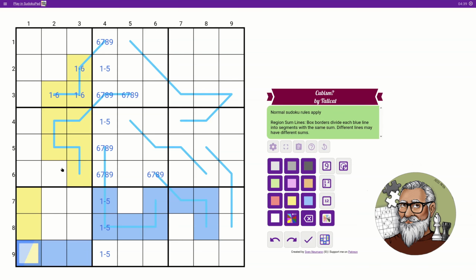Interesting. It's even more interesting because I think we need at least 1, 2, 3 here, right? As in, we can't not use 1, 2, 3, right?